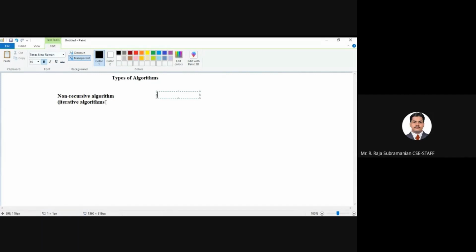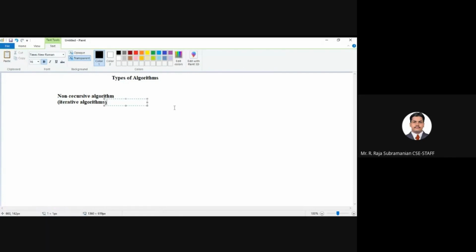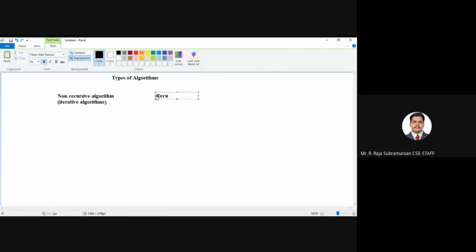So it is a non-recursive algorithm which uses looping. Can anyone say, can I have a loop in a recursive algorithm? I mean, can I have a for loop in a factorial program which uses recursion?